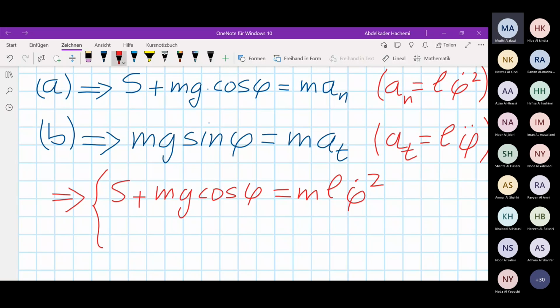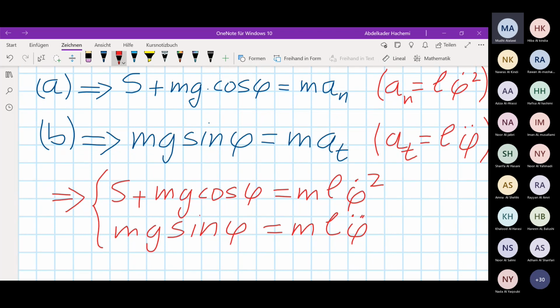And the second equation: m g sine phi is equal to m L phi double dot.